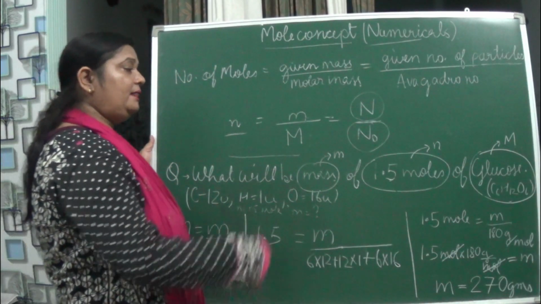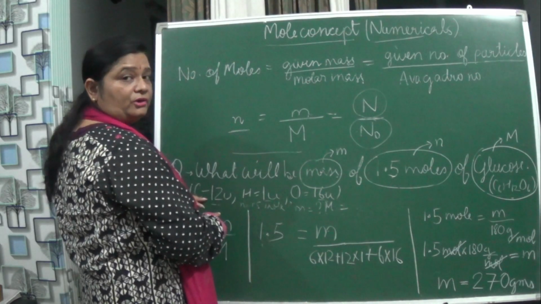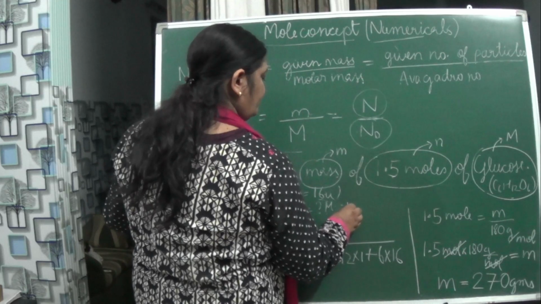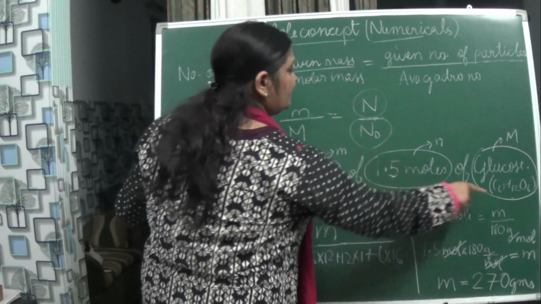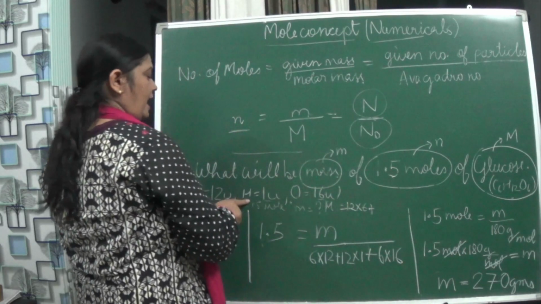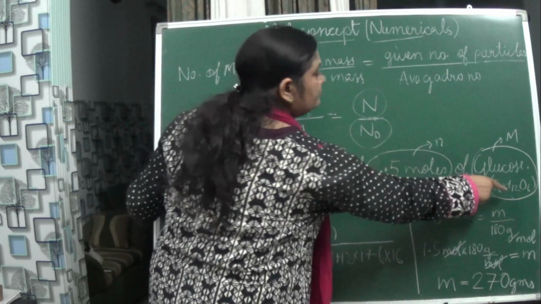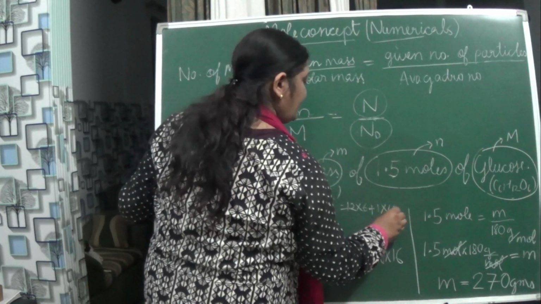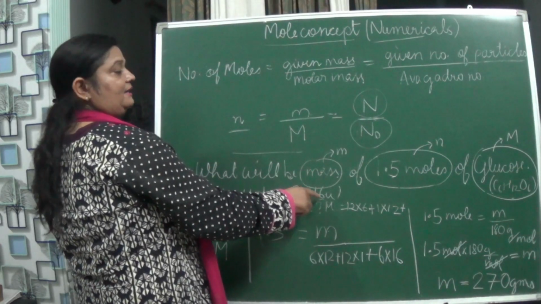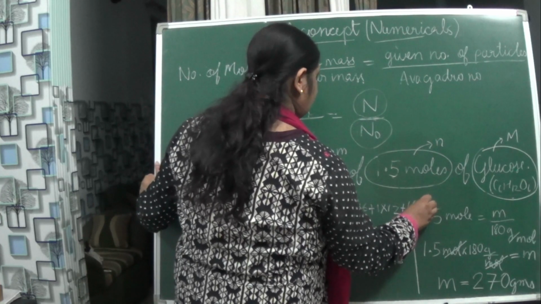And then the molar mass. I have taught you how to calculate it in the last video. 12 into 6, because 6 atoms of carbon are there, plus hydrogen mass is only 1 into 12, plus 16 into 6, as 6 atoms of oxygen are present.